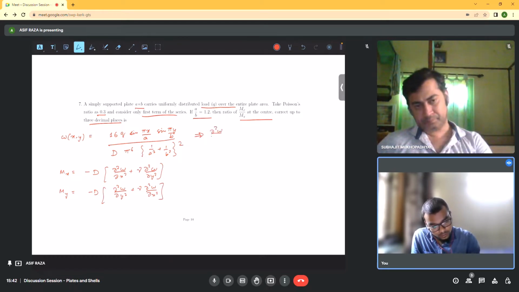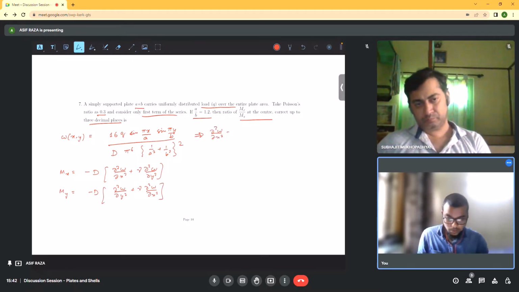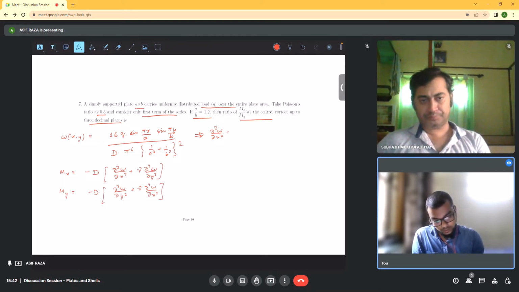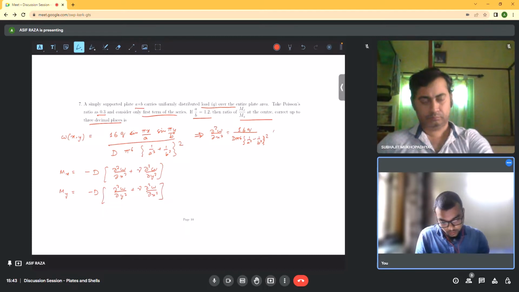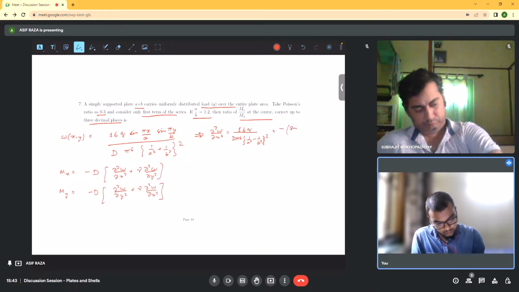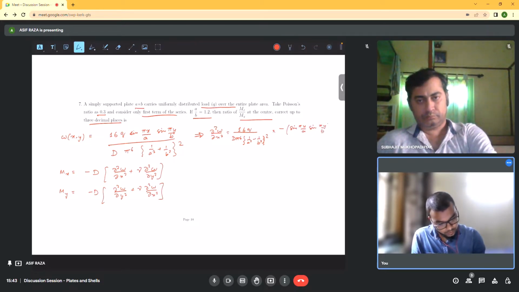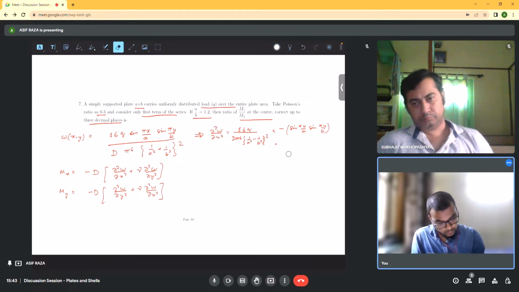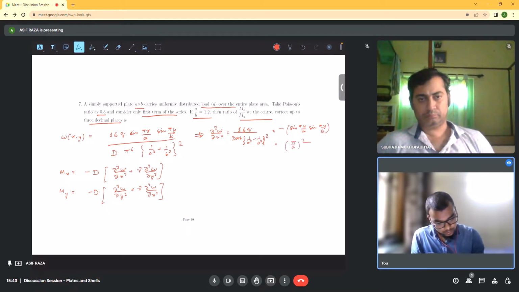So for this we need to find del square W upon del x square, taking 2 times differentiation it will give me 16 Q by D pi 6 times 1 by A square plus 1 by B square whole square, times, if we take 2 times differentiation with respect to x, we'll have minus sine pi x by A sine pi y by B and times pi by A whole square.